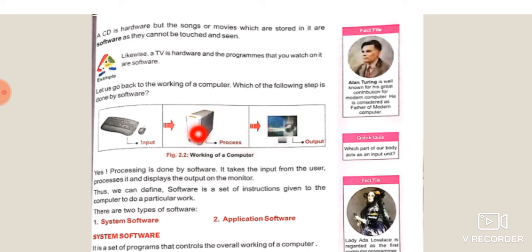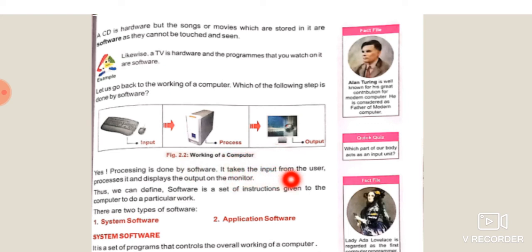So who is doing that processing? The CPU in itself is nothing. Different types of programs are stored inside the CPU for doing different types of tasks, different types of processing. So all the processing is done by the software.